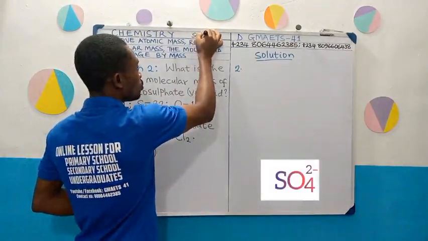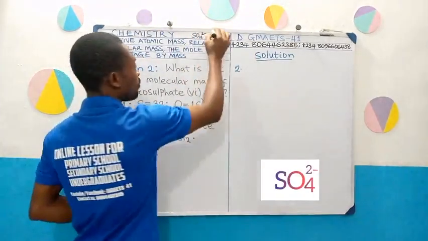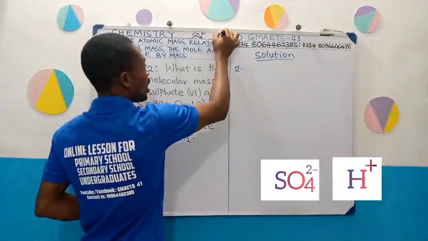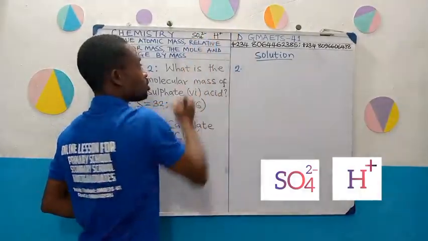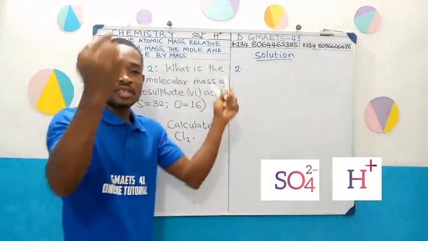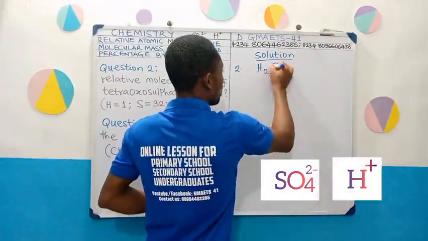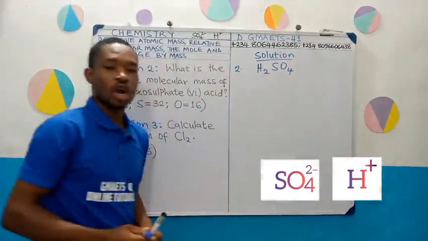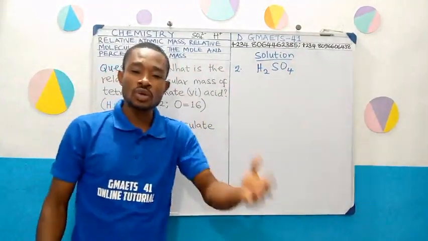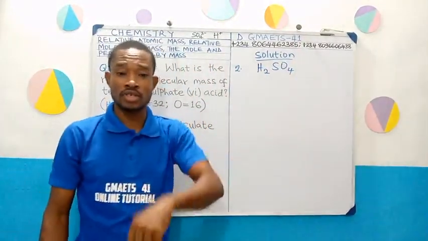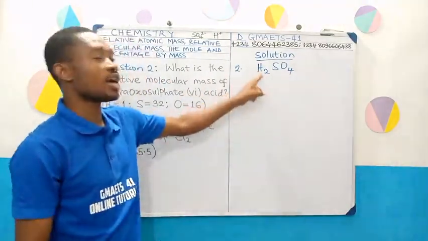SO4 2 minus. Of course, if it reacts with hydrogen, hydrogen is positive, so their valencies will interchange. So tetraoxosulfate 6 acid is H2SO4. You had oxo, you had sulfate, that's sulfur and oxygen. Now acid shows that there is hydrogen there.